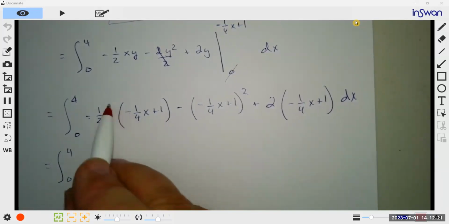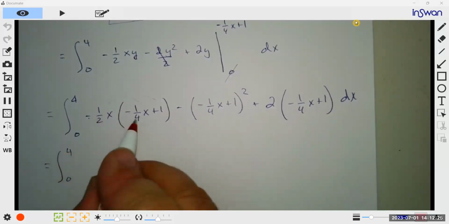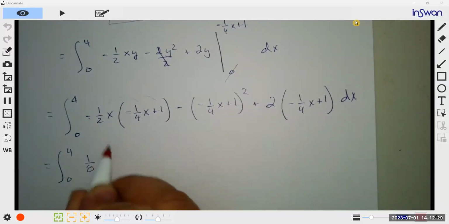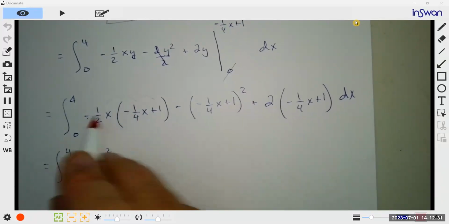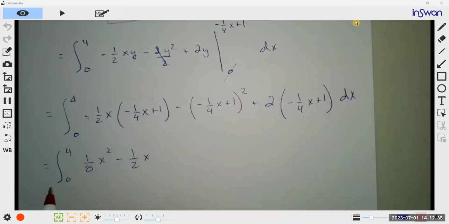Negative times negative, quick distribute here. Negative times negative is a positive. 1/2 times 1/4 is 1/8. x times x is x squared. Minus 1/2 x. That's the first one.